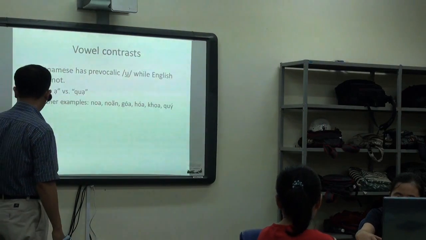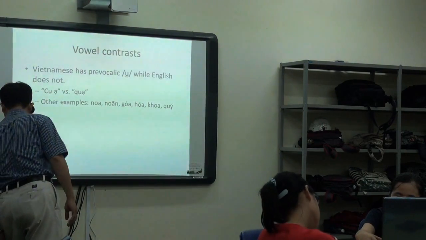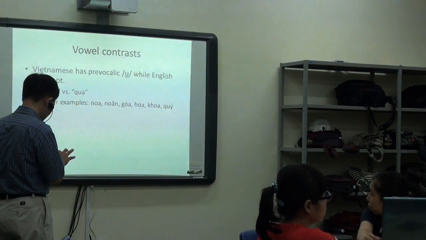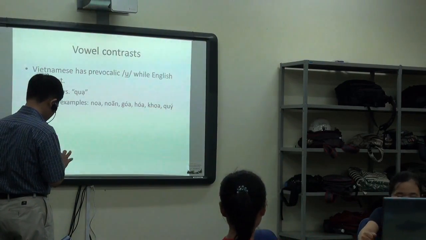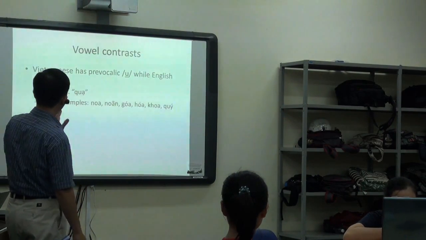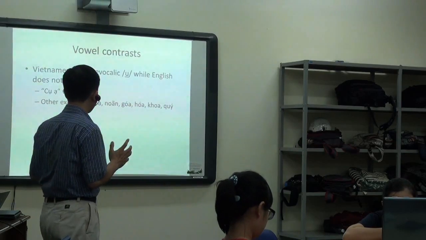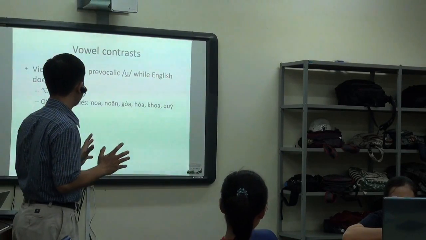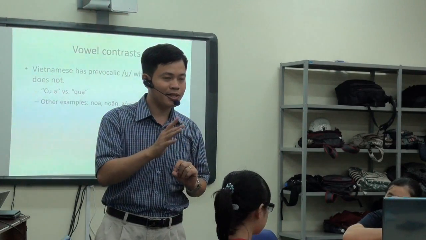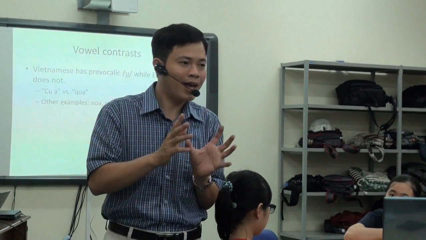Right, it's very interesting. Why in Vietnamese we have a pre-vocalic vowel, and in English we do not have this sound. If you read the material in Vietnamese, this is called âm đệm.